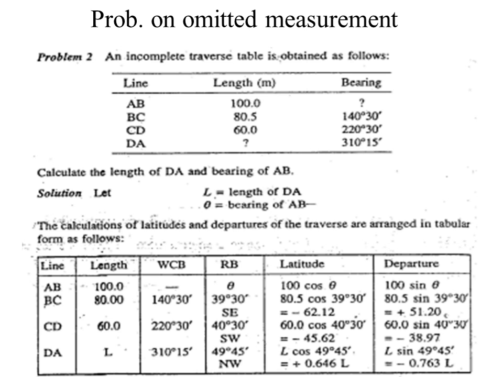Therefore L cos 49 degrees 45 minutes is the latitude of line DA, and the departure of DA is L sin 49 degrees 45 minutes. Since the departure is measured towards west, it is considered negative, whereas the latitude of line DA is measured towards north, therefore it is positive.